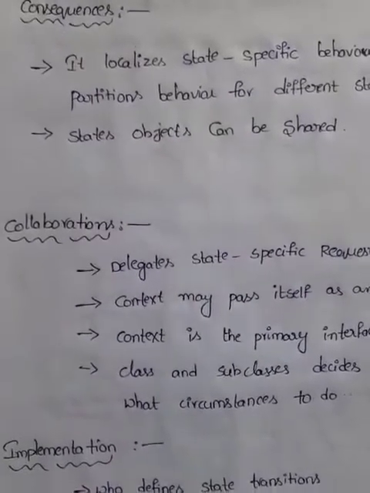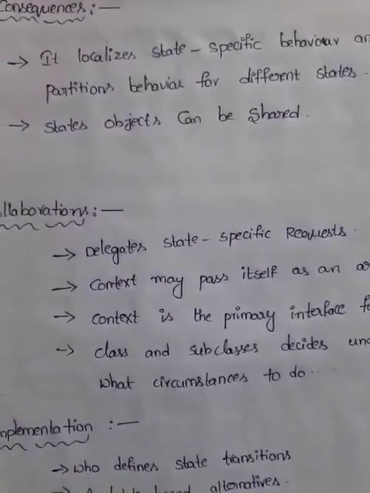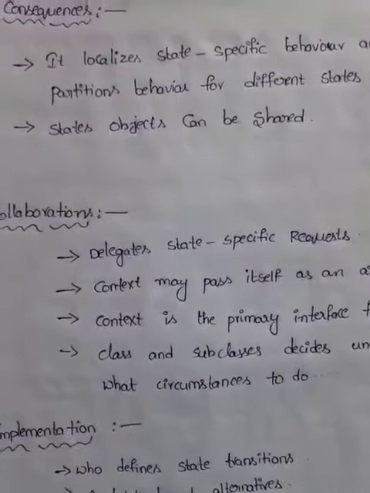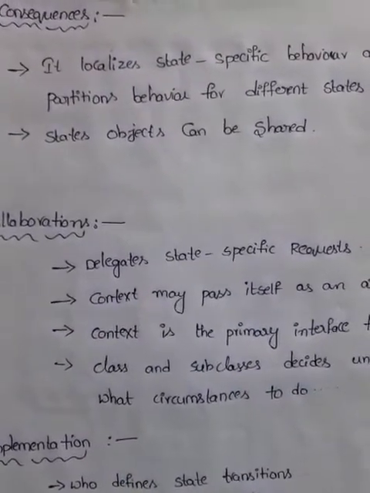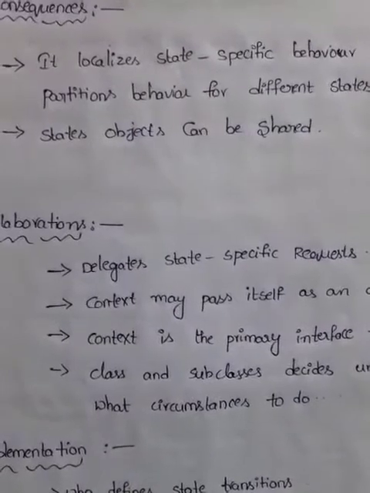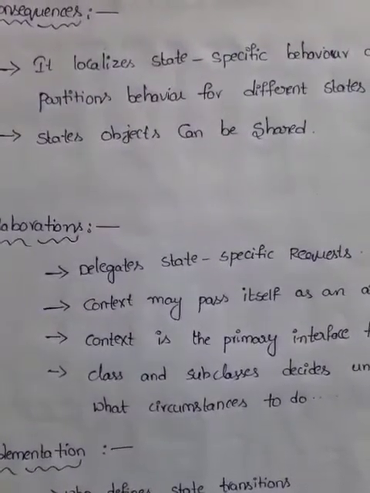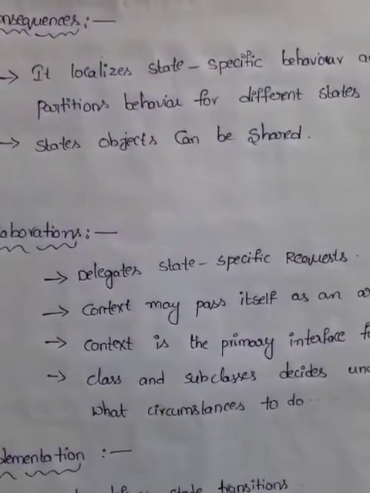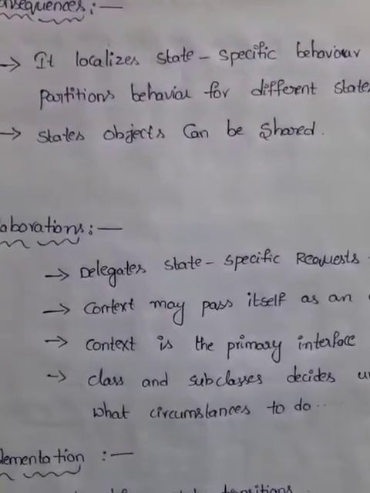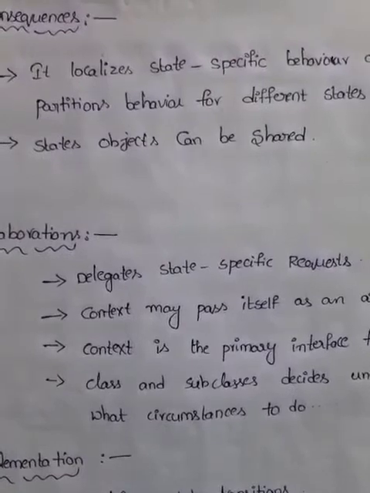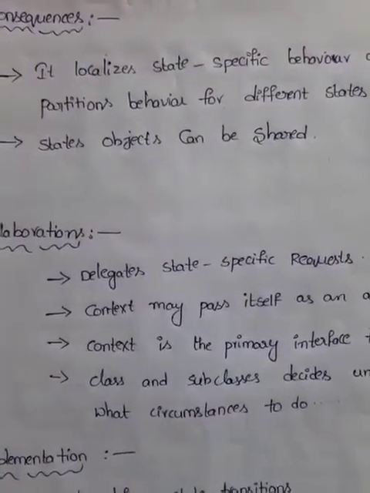And coming to our next template, collaboration. Here we see the explanation about collaboration. The context delegates state specific requests to the current concrete state object, and a context may pass itself as an argument to the state object handling the request. This lets the state object access the context if necessary.